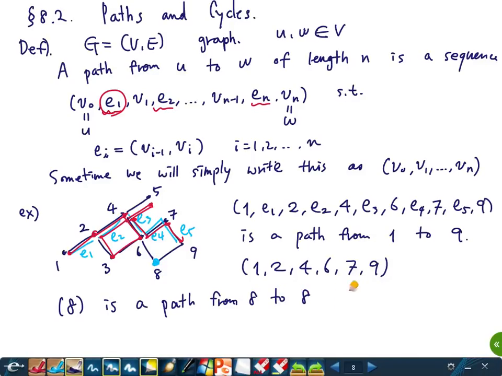What is the length of this? The length is 0. Length is the number of edges you used in your path. You didn't really use any edge here. It just stays there, so the length is 0. What is the length of this red path? 1, 2, 3, 4, 5, 6, 7, 8, 9, 10, 11. So the length of this red path is 11.